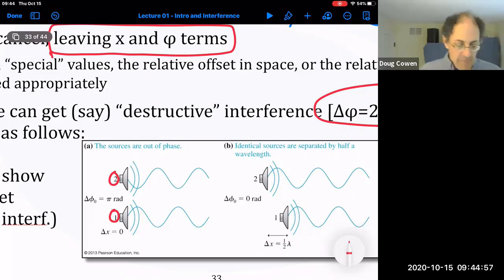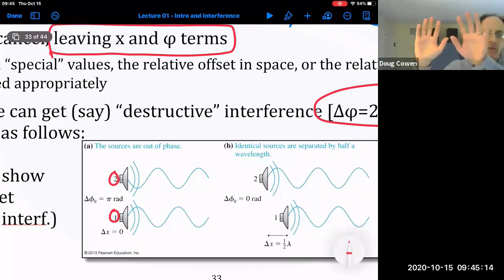If one speaker emits the wave, I don't know if you know how loudspeakers work, but they're basically a cone that moves in and out like this, and it produces sound waves. If you have two speakers side by side and they're in phase, then they're both moving in and out like this at the same time.